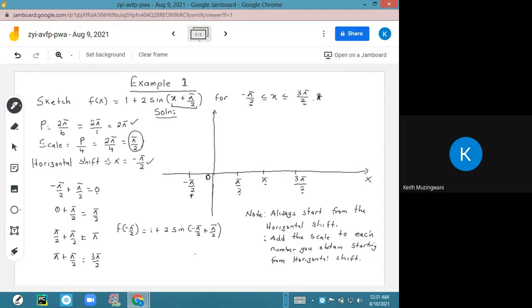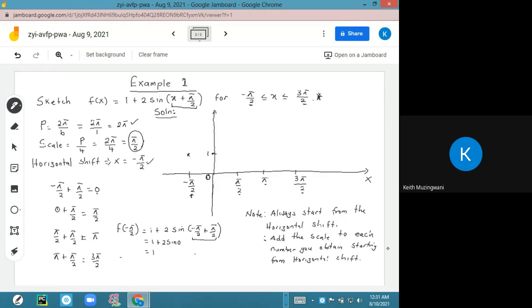So where there is x, we take negative pi over 2. And we have 0 here. So we are dealing with 1 plus 2 sine 0. But sine 0 is 0. So we just get 1 here. So we have a point, negative pi over 2 comma 1.